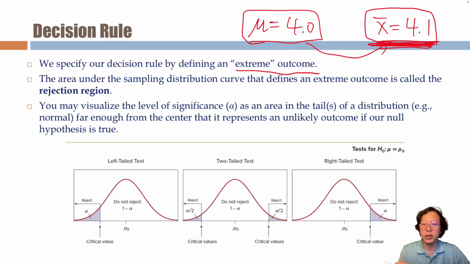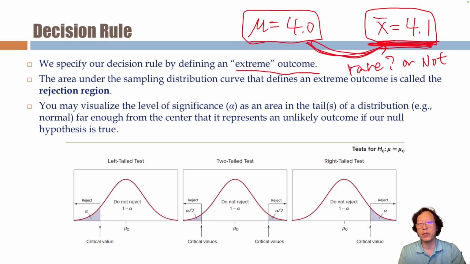Is it an extremely rare case or not? If there's a pretty high probability we can have a 4.1, then we cannot tell our mean is greater than 4.0. But if it's a really rare probability and we got this one, then probably this is evidence that the real population mean is greater than 4.0.